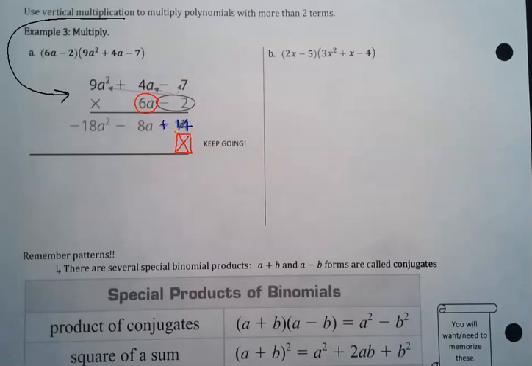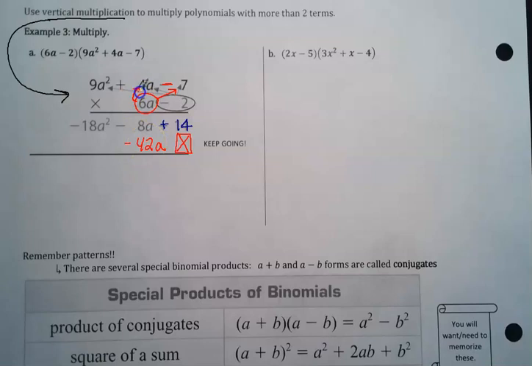We need to move over one. So 6a times negative 7, don't forget that negative, is going to be negative 42a. You're going to love how this matches up, because then we have the a's in the same column. It's going to be much easier to add them later.